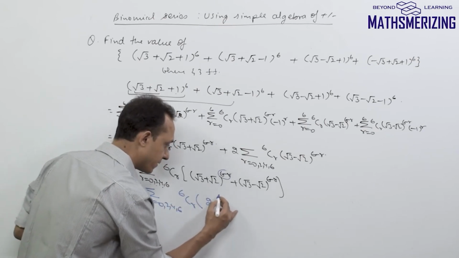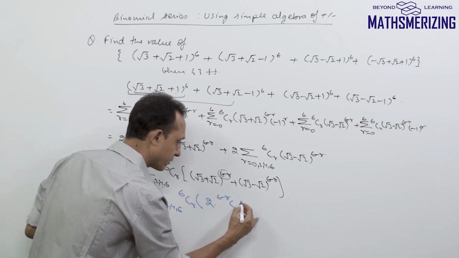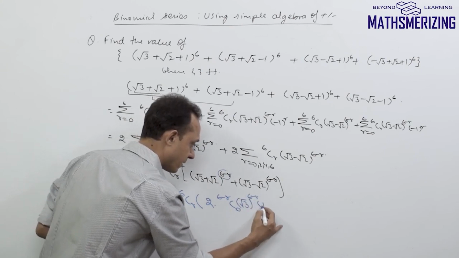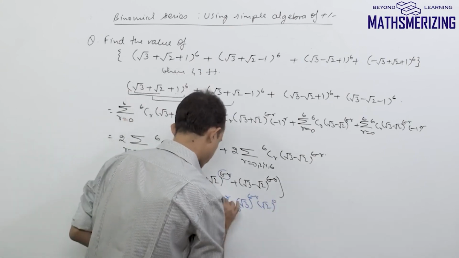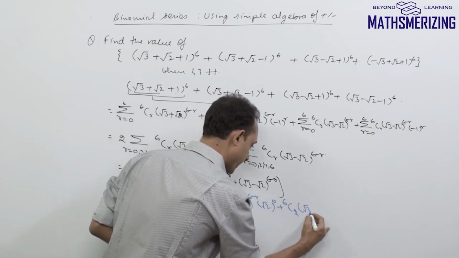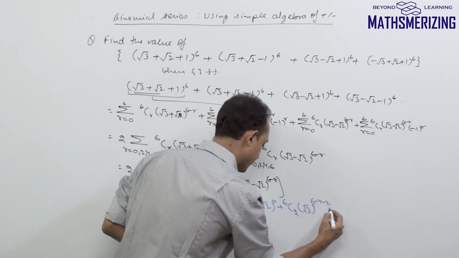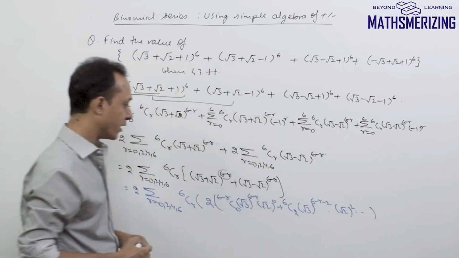So I'll get this first term, which is 6Cr, (6 minus r)C0 root 3 to the power 6 minus r root 2 to the power 0, and then plus (6 minus r)C2 root 3 to the power 6 minus r minus 2 root 2 square, and this series will continue.